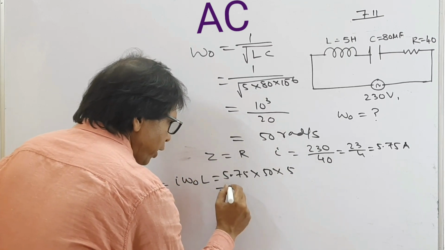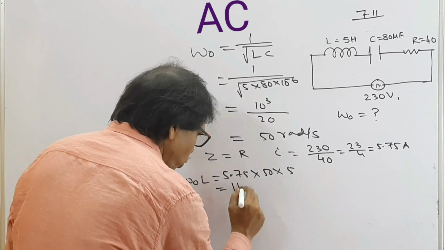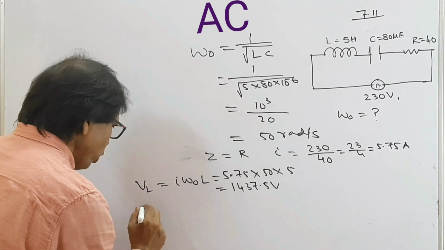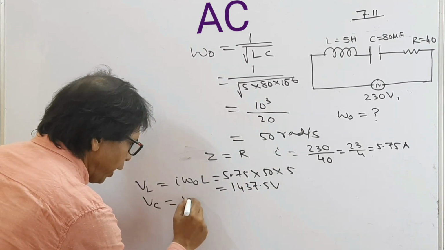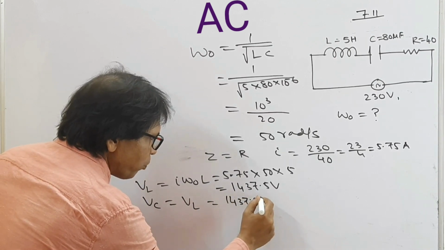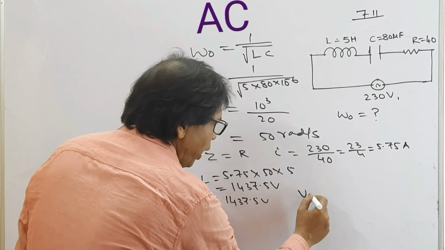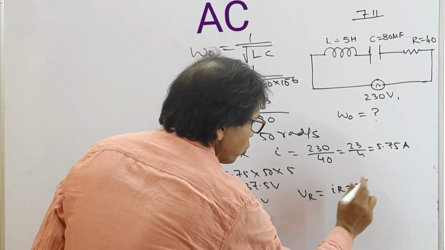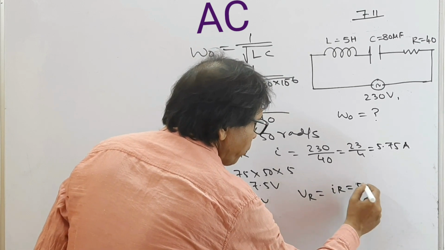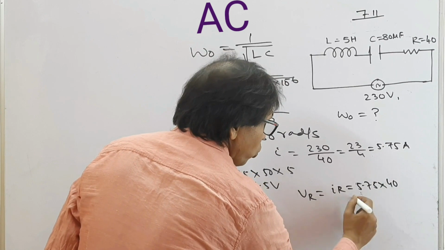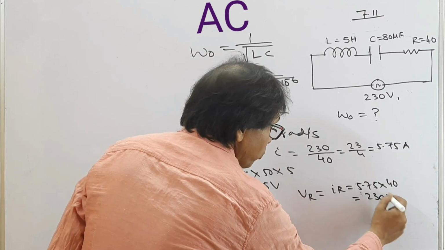Okay, so this is 1437.5 volt. Now VC equals VL, and this is 1437.5 volt. Now VR equals I into R. So this is 5.75 into 40. So this is 230 volt.